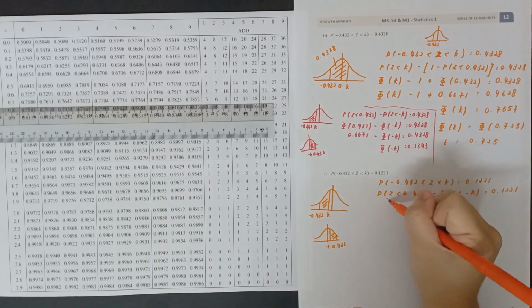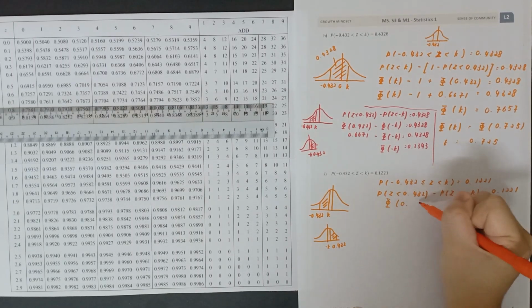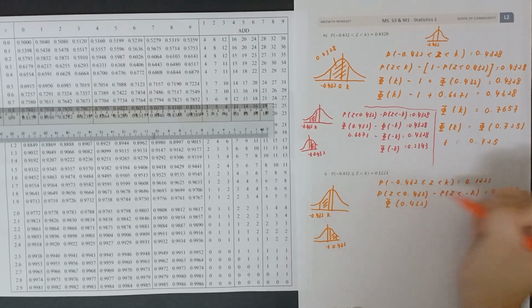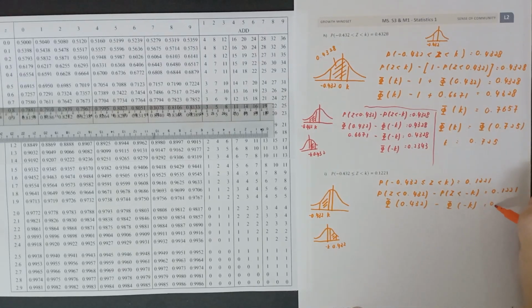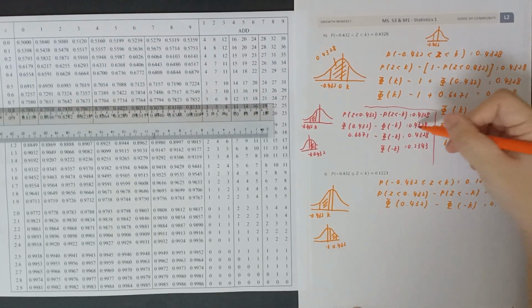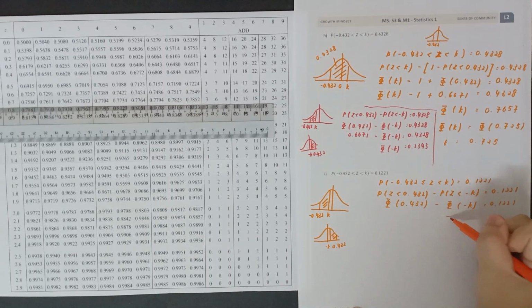Okay, so I'll get Φ(0.432) and then minus Φ(negative k). So you see it's exactly the same thing as what I have done just now, it's just that now the value is different. So you can see how it looks if it's correct.